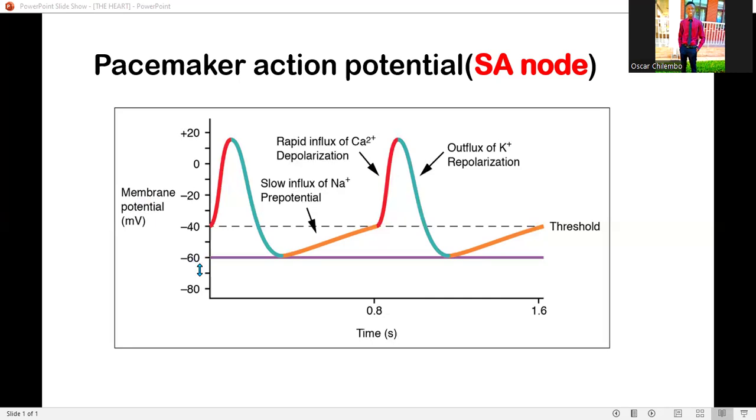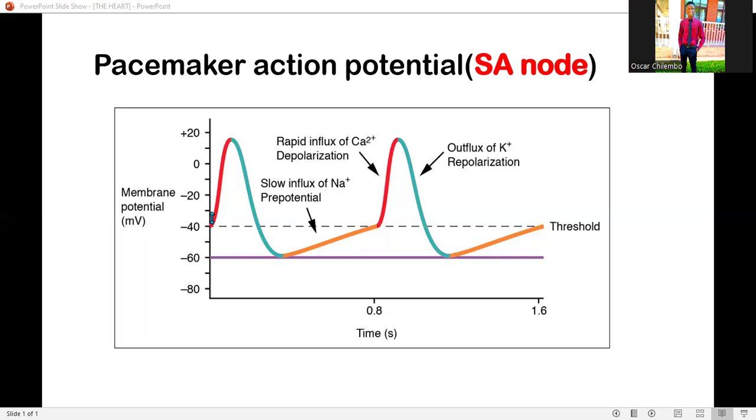So at negative 60, there is actually nothing happening. The cell is at rest around negative 60. But the phases we are going to describe start with the first phase.